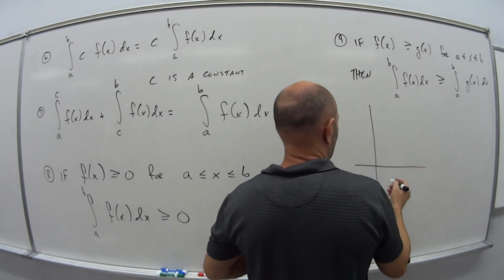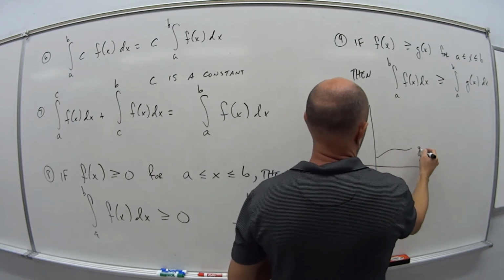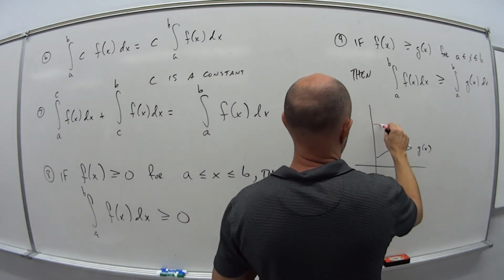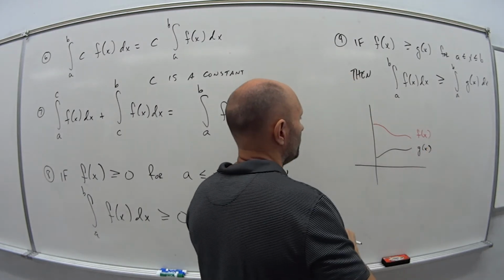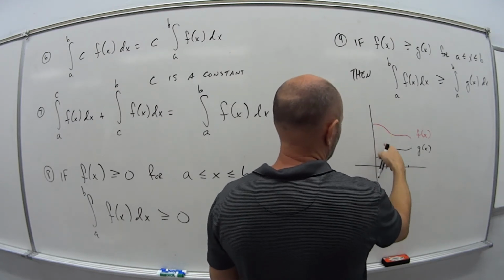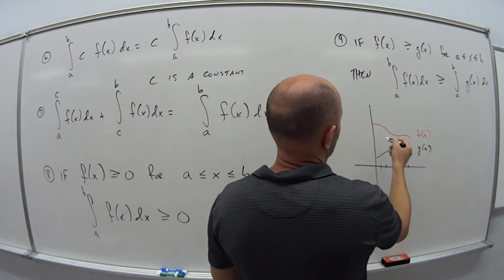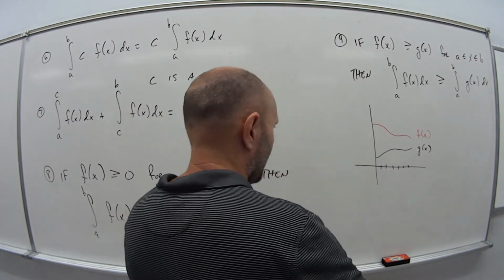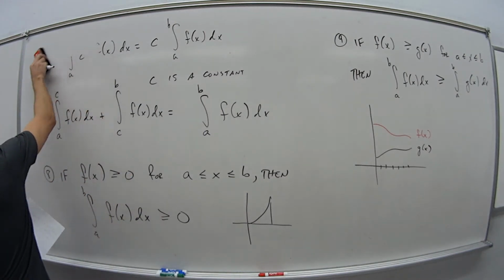Let's say I have some function here, let's call that g of x. And then I have some other function here, let's call that f of x. No matter what point x I pick along this interval, f of x is always bigger than g of x. So that means the area underneath the red is going to be bigger than what's underneath the black. So pictorially, that's what that statement is saying.